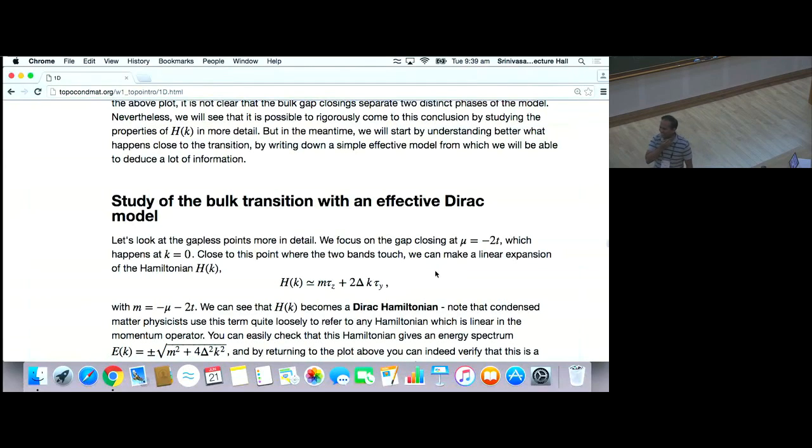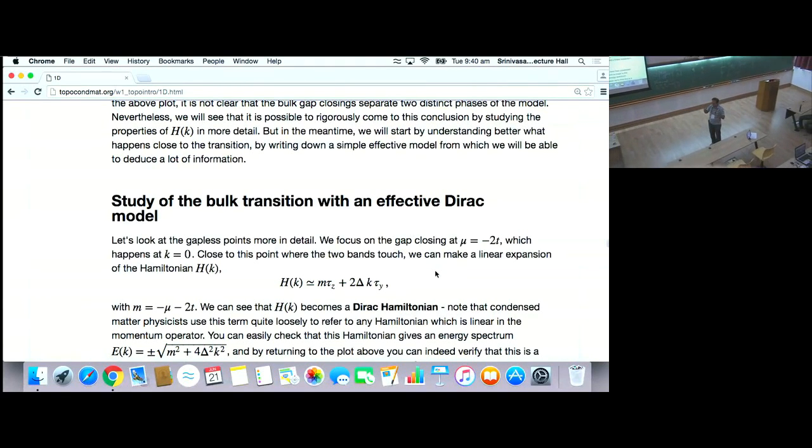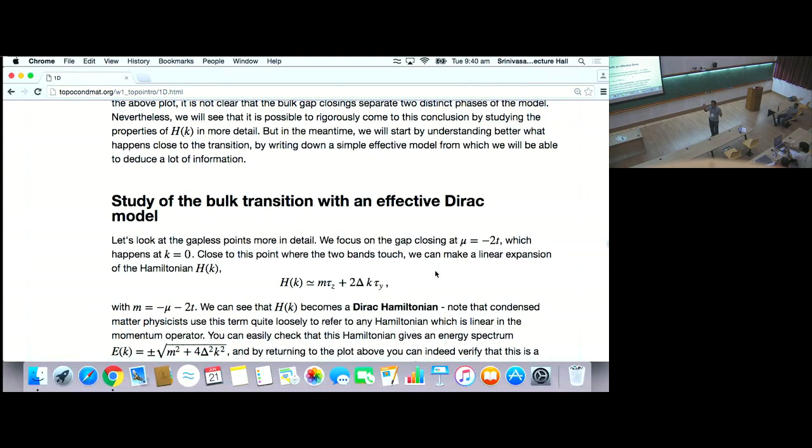I'm not completely giving you the entire argument, I'm giving you a hand wave here. The more precise statement is a general statement for states in a bulk, and I'm not going to derive it in detail.